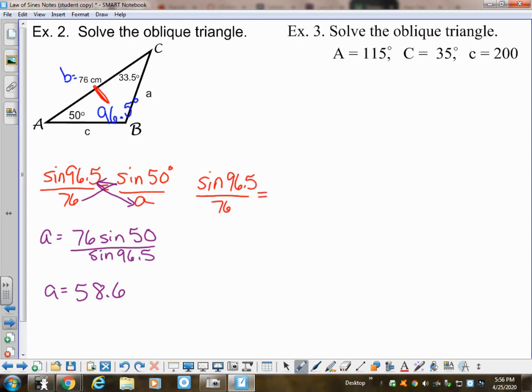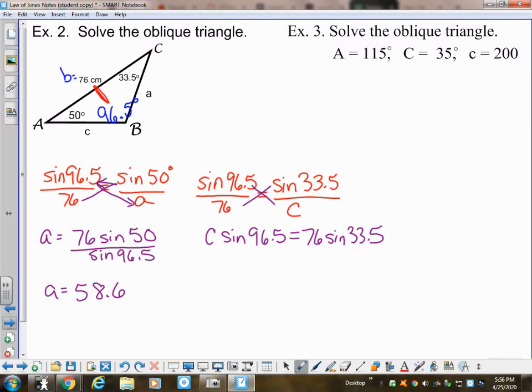And then my second, I'm going to use sine of 96.5 over 76 again, and this time I want to find little c. So sine of angle C, which is 33.5 over little c. You're cross multiplying. So if you didn't like how I did that first one, I'll do this one normal. I'm taking C times sine of 96.5 equals 76 times sine of 33.5.